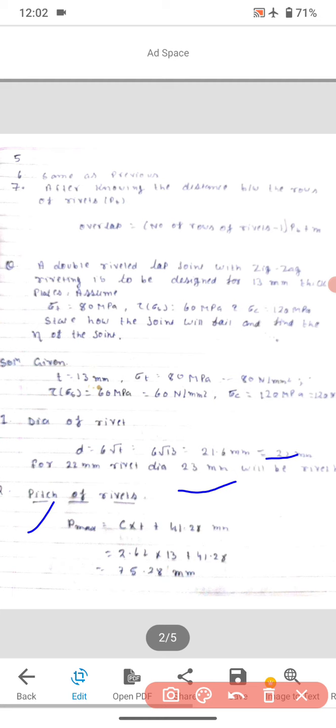From the data book only. So from the data book you will see the value of C, and it will be 2.62. Thickness is already given, multiply by 13 plus 41.28 is equal to 75.28 mm.